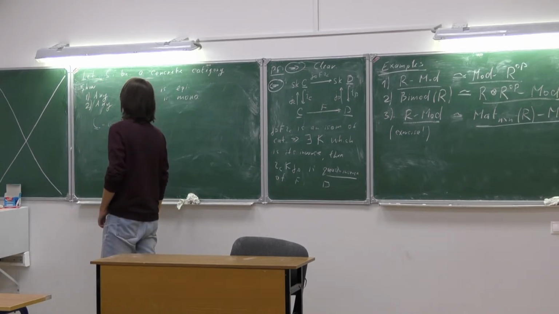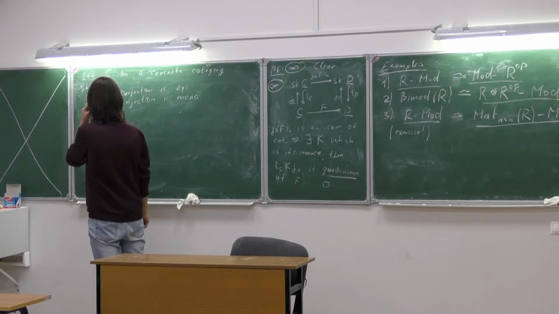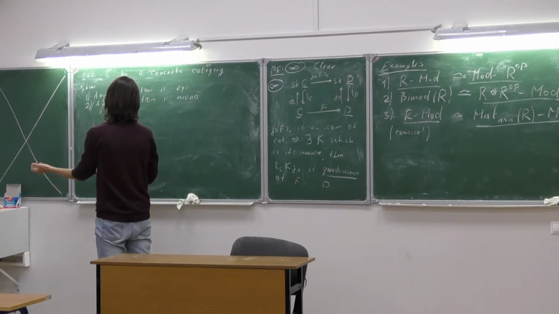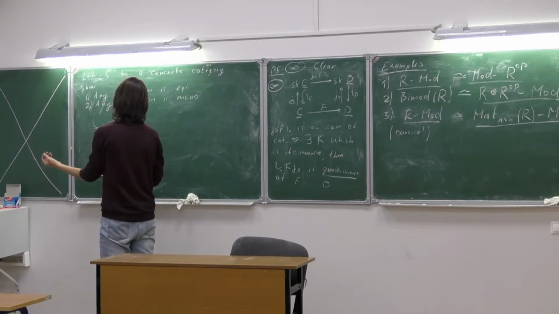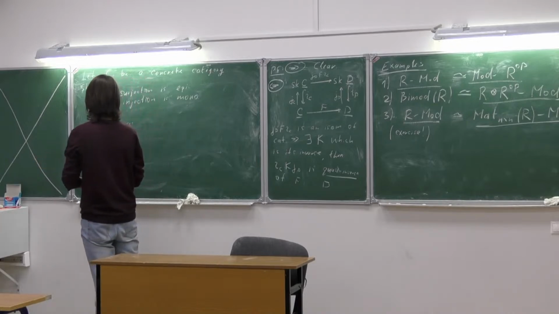So I think it's clear that if C is concrete in the definition with structures, there is a faithful functor. Maybe you just write this.